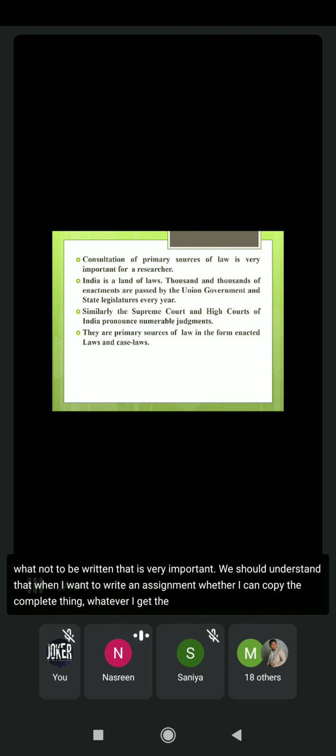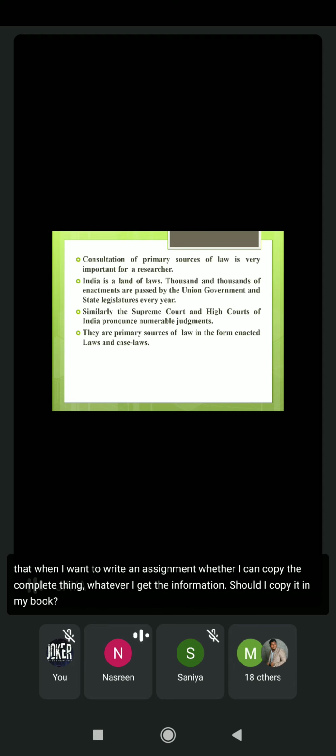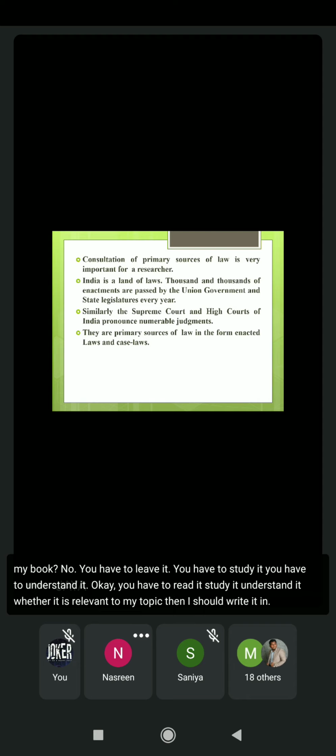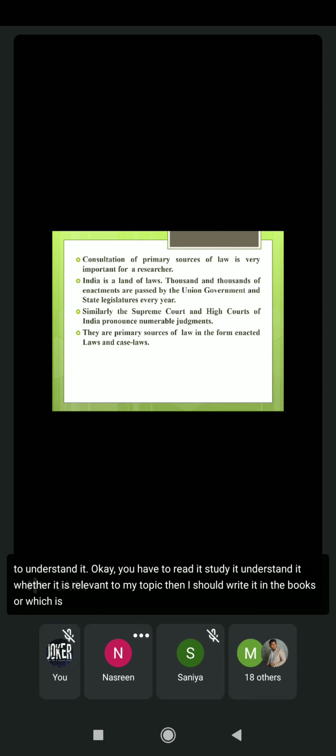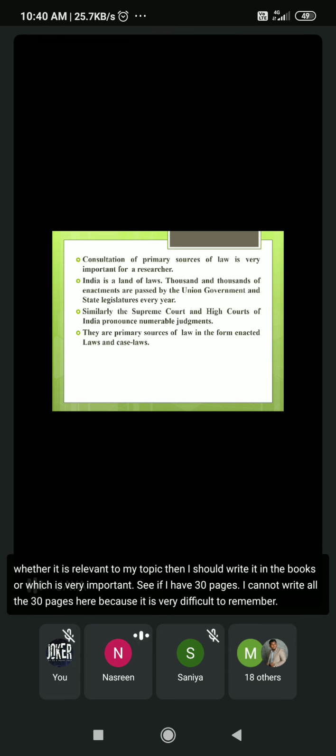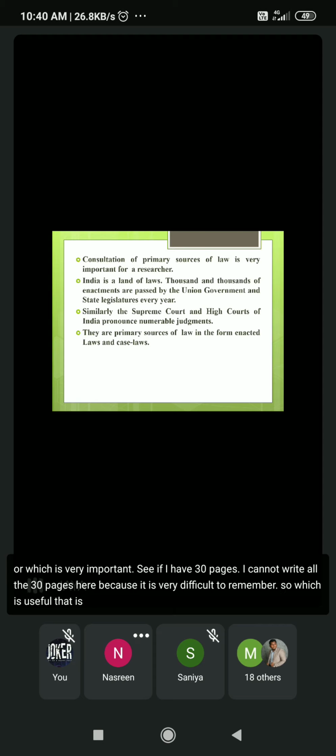No. You have to read it, study it, understand it, and whether it is relevant to my topic, then I should write it in the books. If I have 30 pages, I cannot write all the 30 pages because it is very difficult to remember. So what is useful is enough to write an assignment.